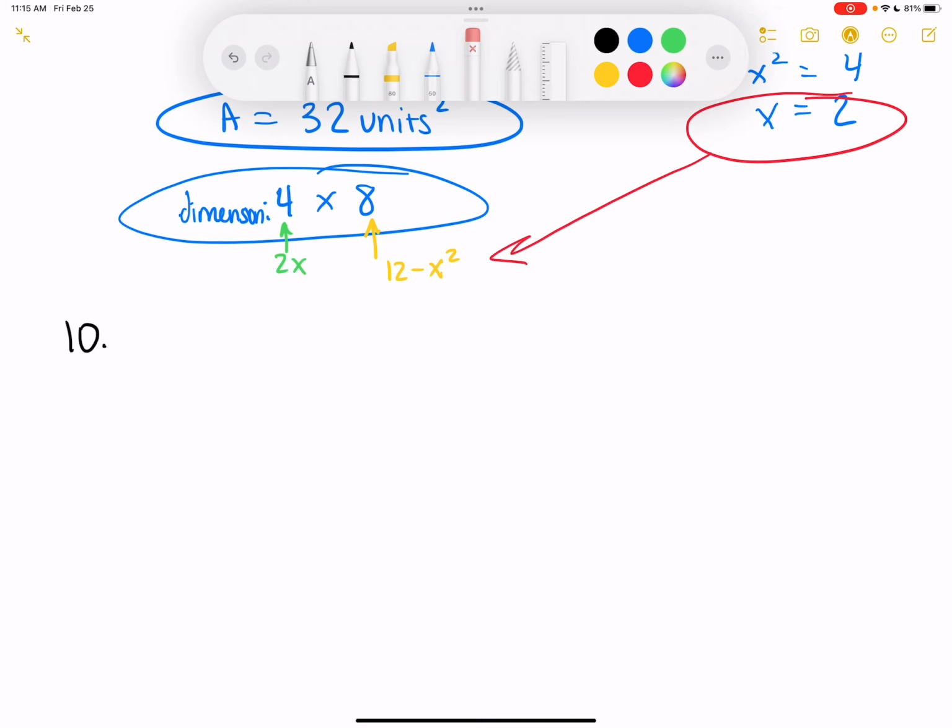A 216 meter squared rectangular pea patch, so that's the area of it.